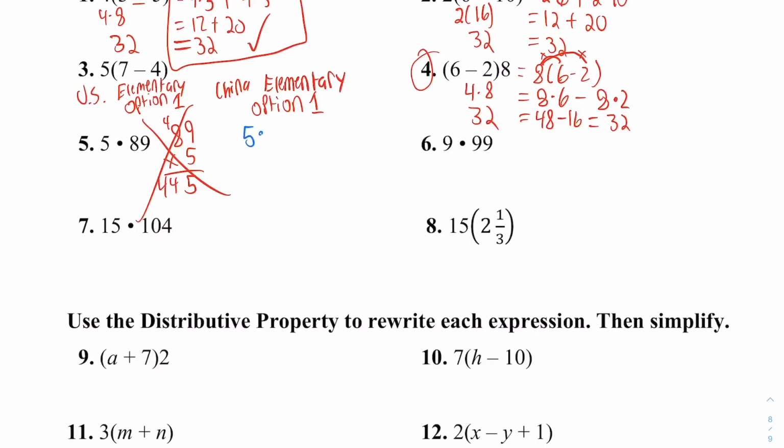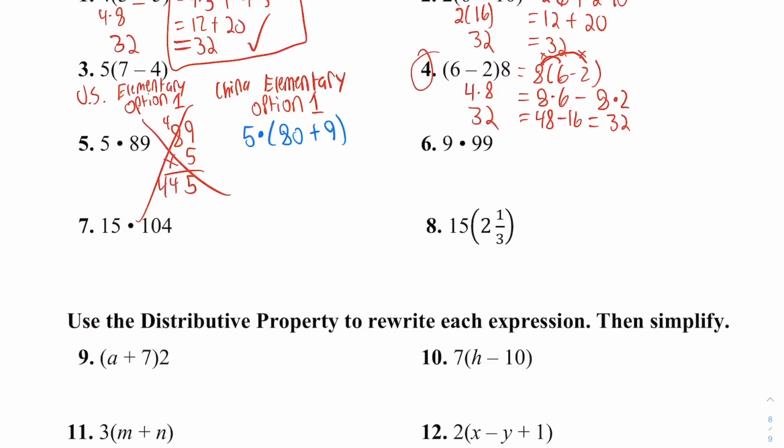This is really 5 times 89, where 89 is the number 80 plus 9. So 5 times 89 is 5 times (80 plus 9).